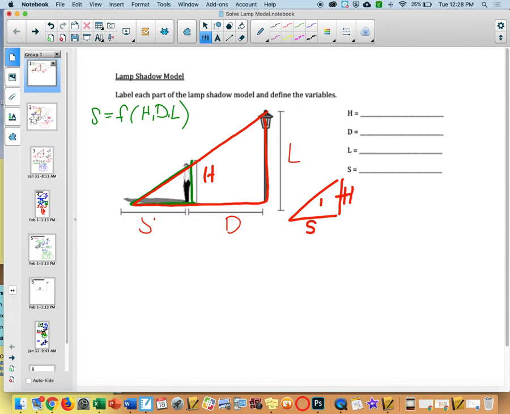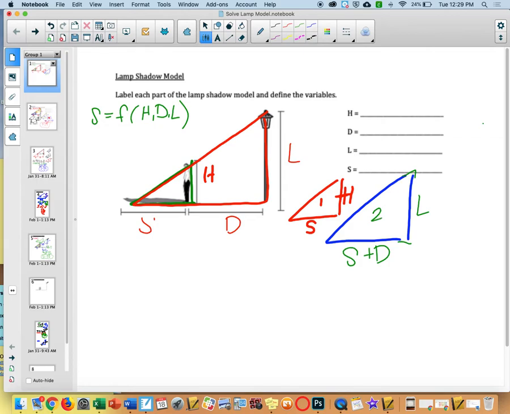So then big triangle 2, big triangle has this side dimension here of L. And the whole bottom going across here is S plus D. And this is the large triangle. We're going to call it triangle 2.